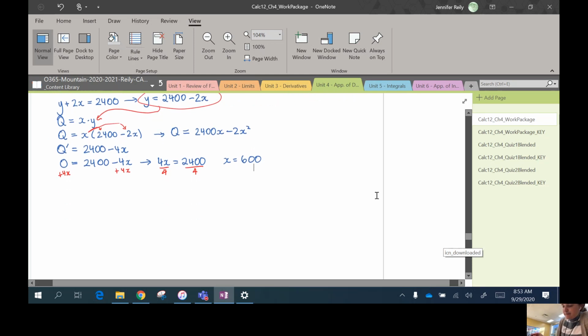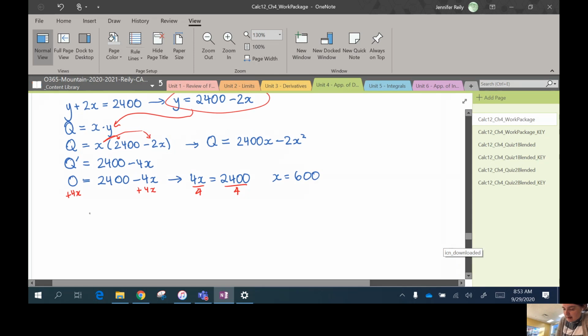So I'm going to make a little table, and I'm going to be looking at values less than 600, and then values greater than 600, and I'm looking at q prime here. So you can plug anything less than 600. I'll just plug in 100. When you plug it into q prime, 2400 minus 4 times 100, that's a positive number. So that means in this region, our q function would be increasing.